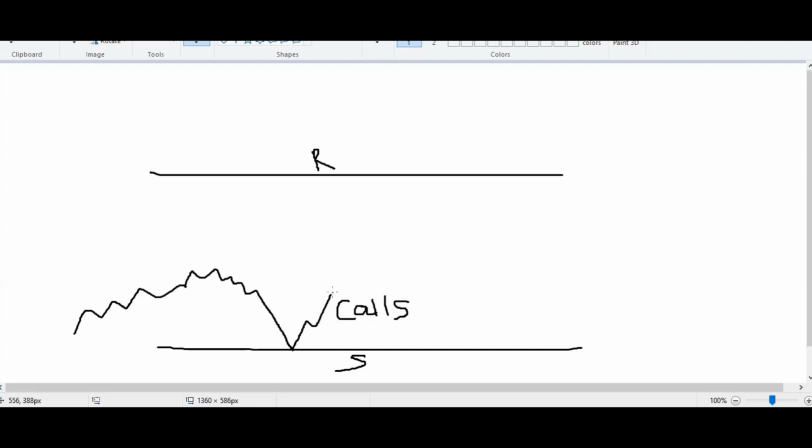Like let's say this particular stock is at 2500, and the lot size of this stock is, let's say, 1000. So to buy the futures of this stock on a normal NRML order, you would need 2500 multiplied by 1000, that is 25 lakh rupees.